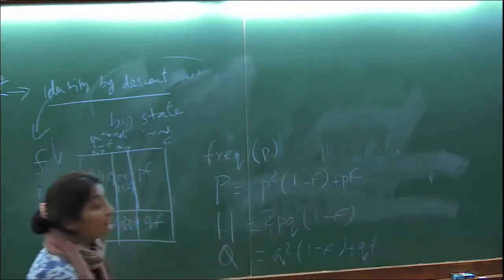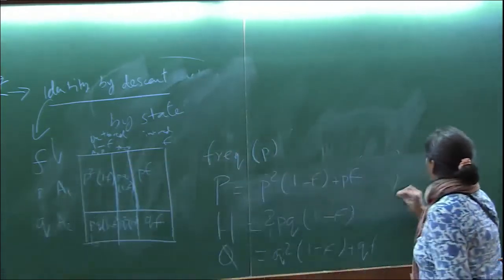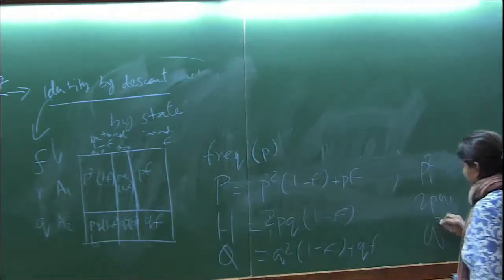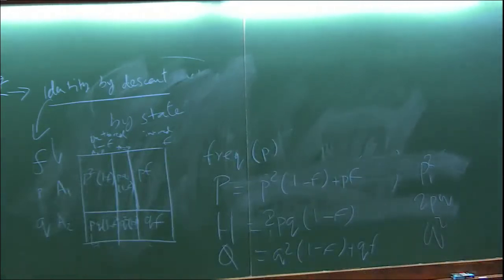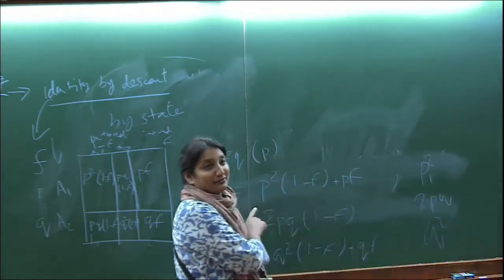So now, imagine if there was no inbreeding. This was just p square, 2pq, q square, correct? So what has happened because of inbreeding? What has happened to the heterozygosity? What has happened to the homozygosity? Heterozygosity has decreased, right? Because it is 2pq minus 2pqf.